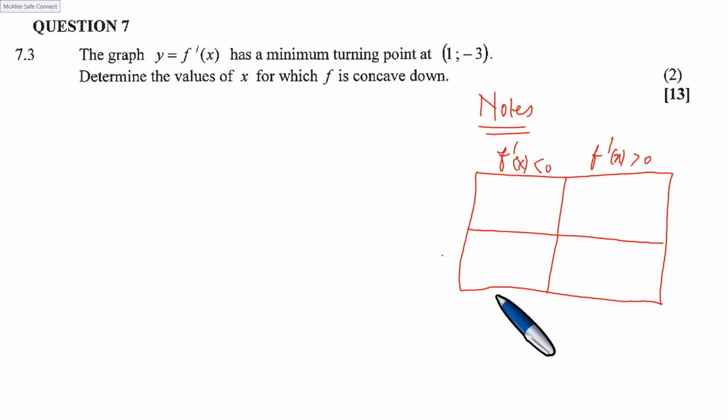So which means that if f prime of x is negative, this case is the case where the second derivative of x is positive. So you can have here the second derivative of x is negative.